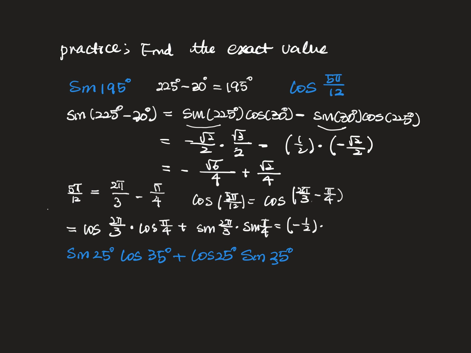Cosine pi over 4, first quadrant, that's positive, square root 2 over 2, plus sine 2 pi over 3, quadrant 2, sine is positive, that's square root 3 over 2, times sine pi over 4, square root 2 over 2. So you have negative square root 2 over 4 plus square root 6 over 4. That you find there, okay?